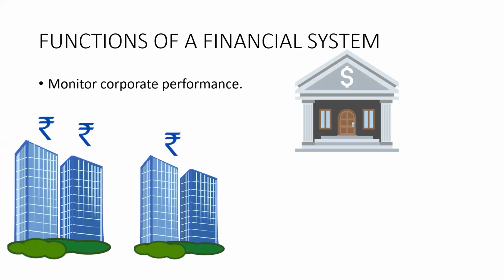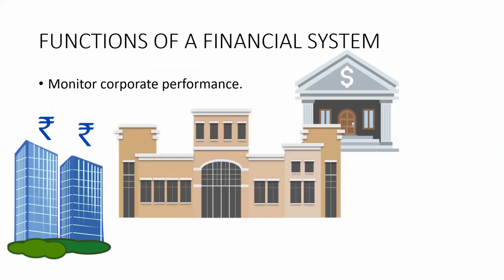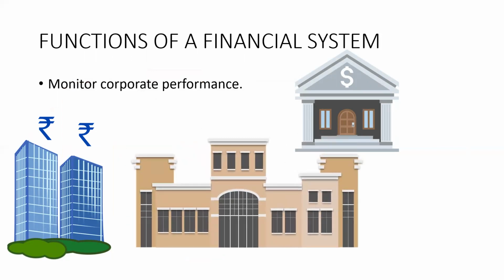They exert corporate control through the threat of hostile takeovers. Firms that underperform face the threat of being taken over by another, therefore keeping in control the mismanaging or misusing of funds by these companies or corporates.